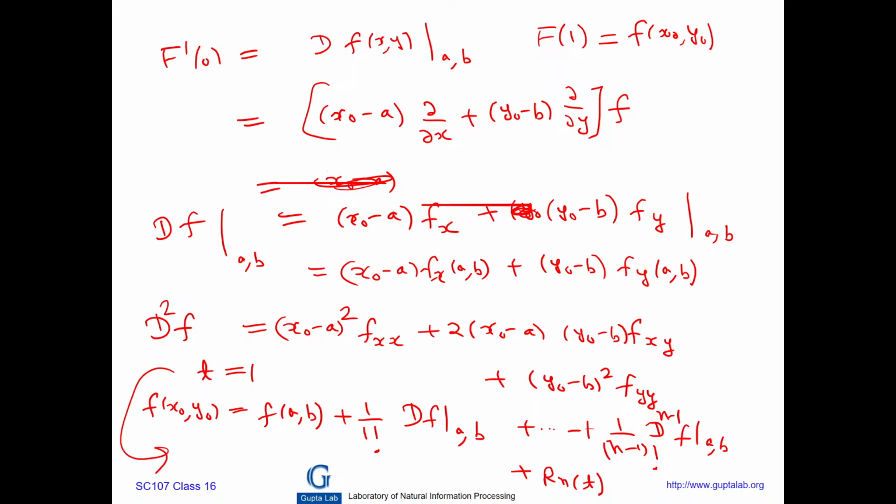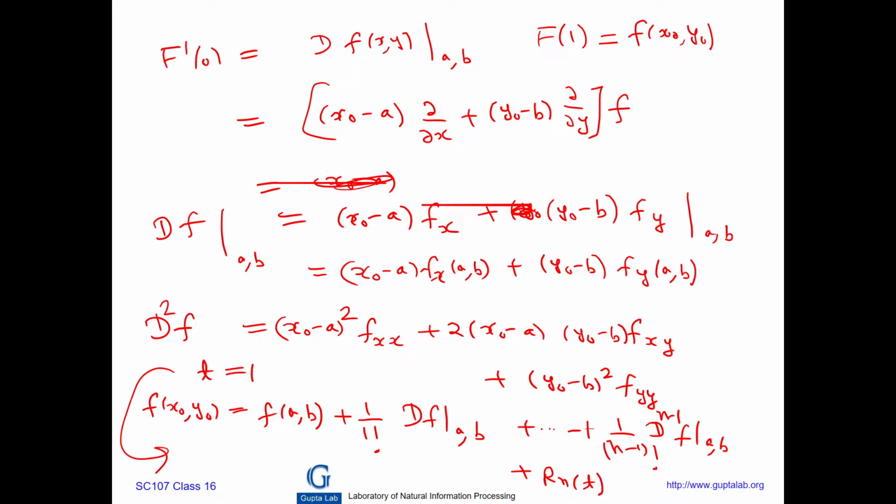So what we have done, we have written the parametric equation of the line, right? So x in terms of t, y in terms of t, just substitute into f of x comma y, and the two variable function becomes a function of t, capital F of t, right? If you put t is equal to 0, we get the first point, t is equal to 1, we get the end point, x naught comma y naught, right? Then we use the formula for a single variable and apply everything.